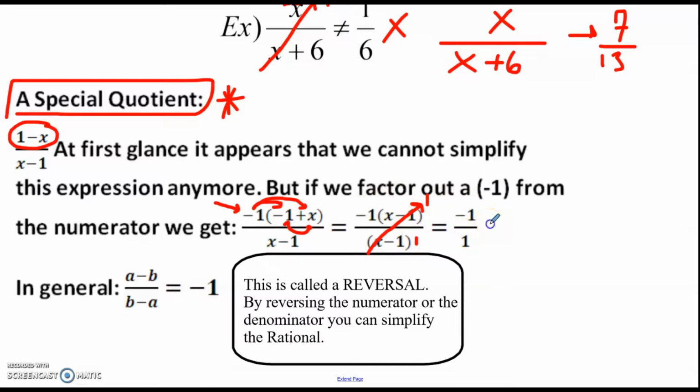So overall, this expression equals negative 1. Okay, so that's some mathemagics for you. So if you ever see something that in general looks like a minus b divided by b minus a, so the two terms in the denominator flipped, you know that it equals negative 1. Okay, and that's called a reversal. This is a very important trick. Put it in your back pocket.